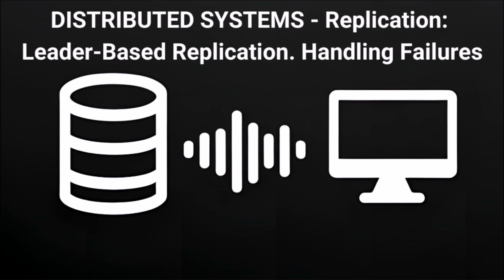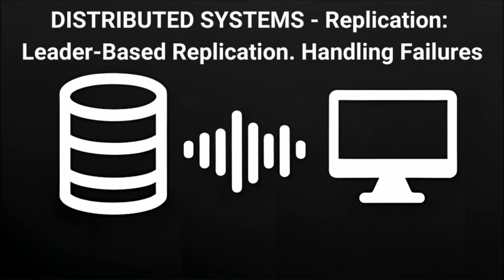These aren't isolated problems, but are deeply interconnected challenges that are central to the design and operation of any distributed system. You change one, it affects the others. Often, yes.